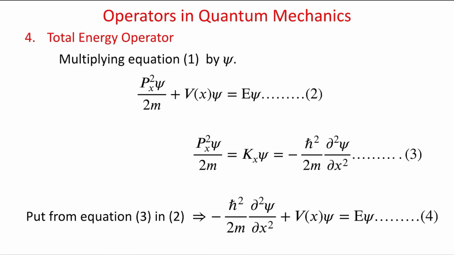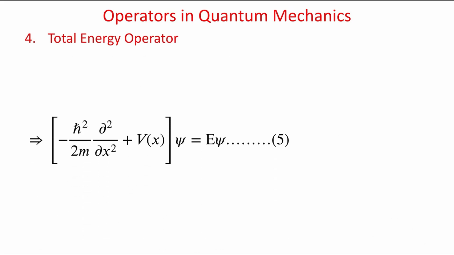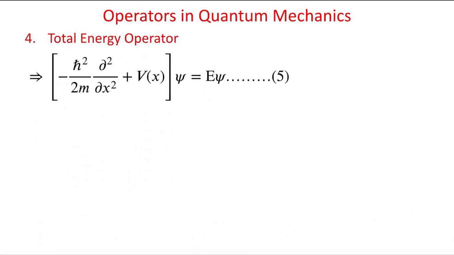So put from equation 3 in equation 2. We are now going to substitute the value of px square psi upon 2m by minus h cross whole square divided by twice m del square psi upon del x square, plus V(x) psi is equal to E psi.